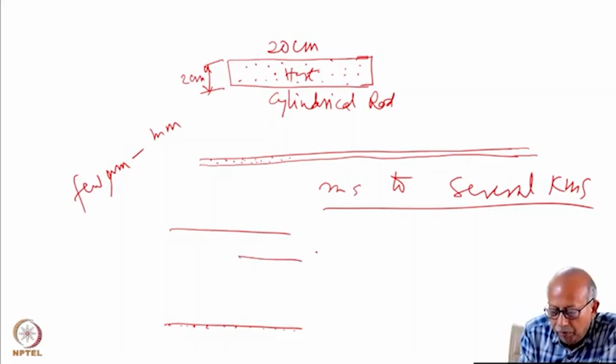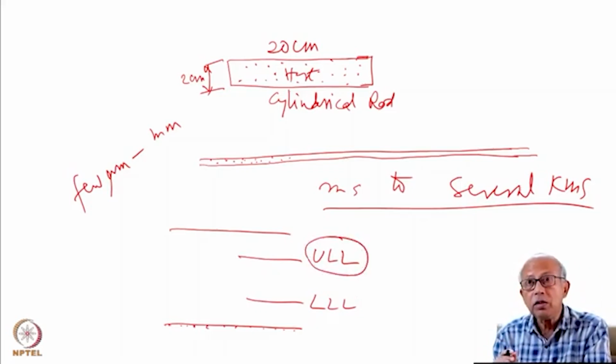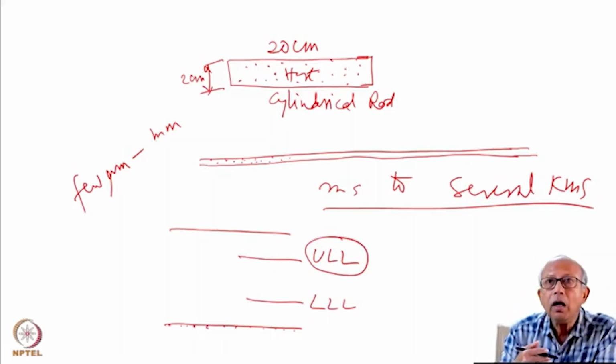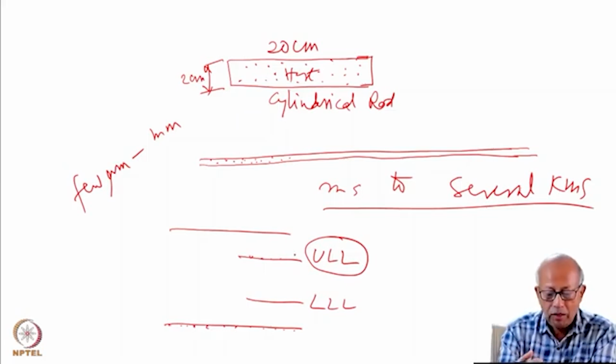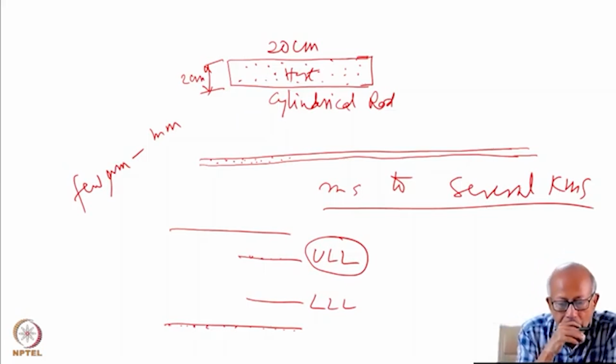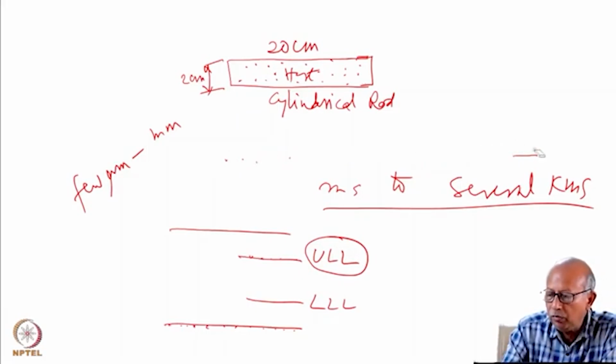This is the upper laser level, and this is the lower laser level. The upper laser level is usually metastable in nature, so that the atoms or molecules, when they arrive here, stay here for a long time, so the population accumulates here.